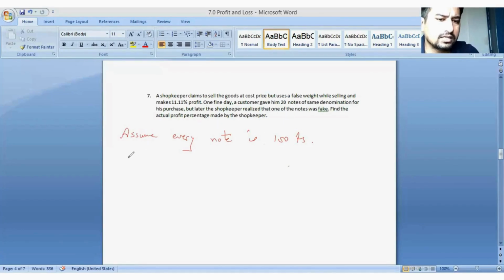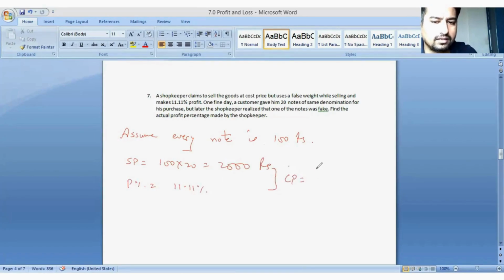So the selling price for the commodity was 100 into 20 notes, which is 2000 rupees. The profit percent he is making is 11.11%. So what comes next is calculating the cost price. The formula is the same: SP equals CP times 1 plus profit percent, which is 11.11% by 100.